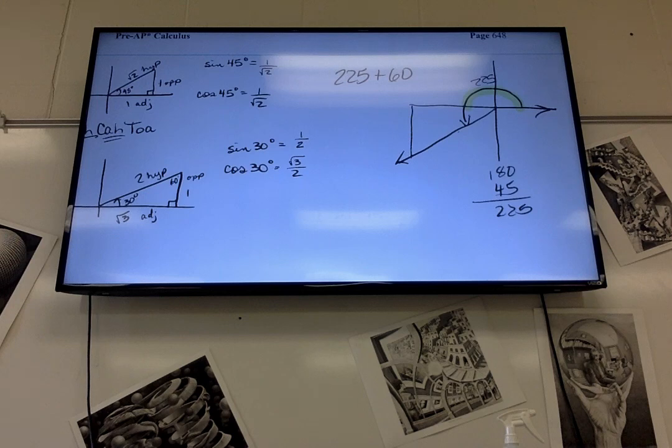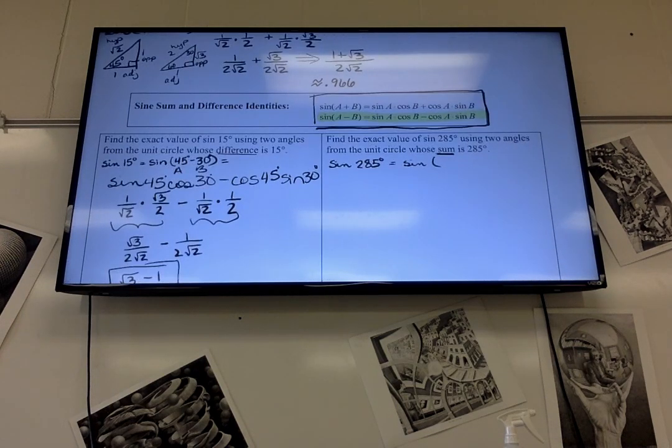Good. So that's a 45-degree angle. It's just over here. So we're going to do 225 plus 60.